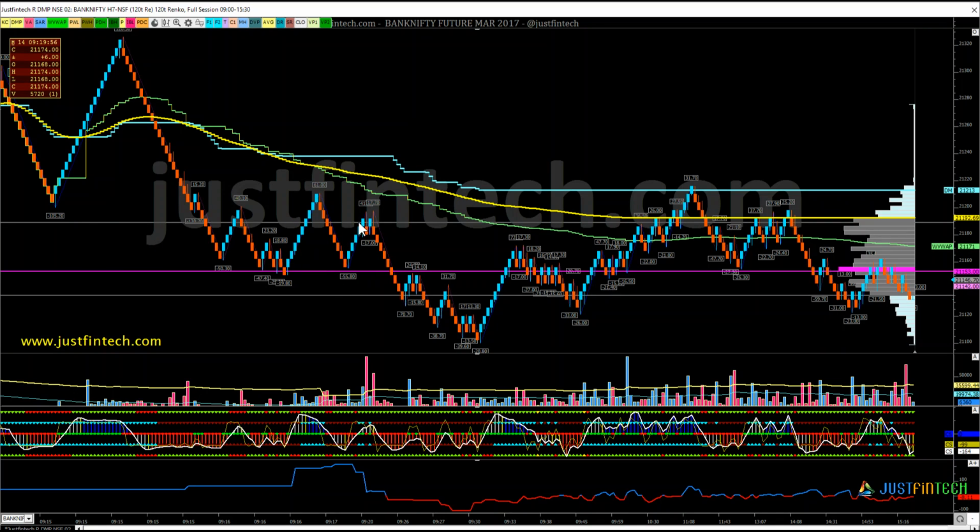So impulse pullback, impulse pullback, impulses are getting smaller. So this zipper is gone, so obviously we would think that till now it's in sell mode. Again it comes down, breaks the low, we still think that it's in sell mode, and then it creates a zipper, breaks that. That's where we know that the sell mode is coming to an end, and we might get a two impulse up move at least.